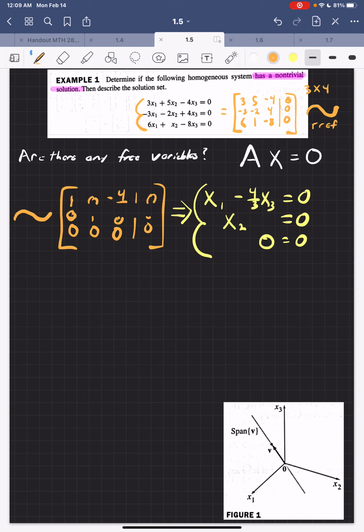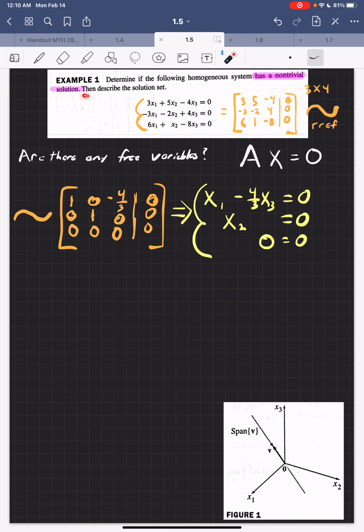So 1, 0, 0, and that was 0, 1, 0, negative 4/3, 0, 0, and finally 0, 0, 0. Okay, so my apologies. So now that we have determined that there are free variables, we can answer the question: since the system has free variables, then it has a non-trivial solution.